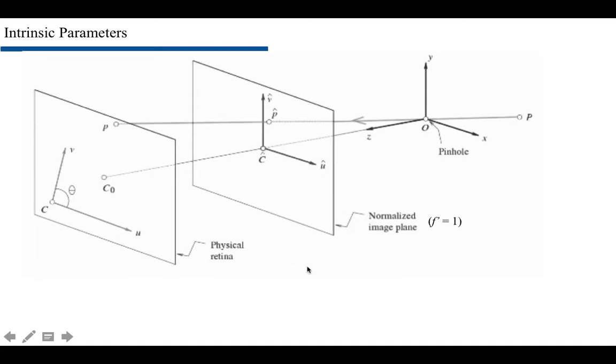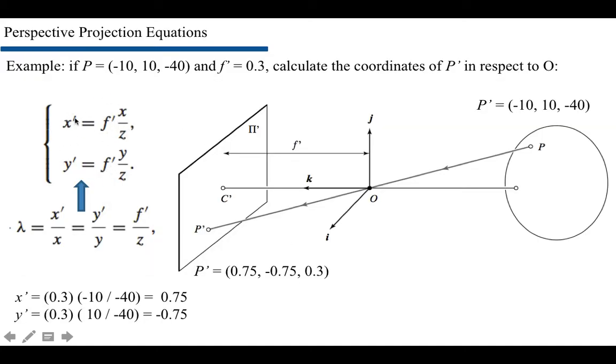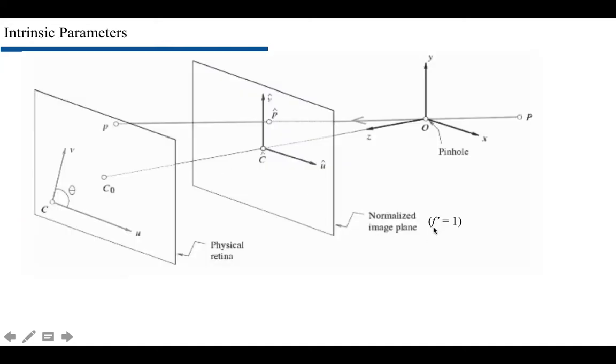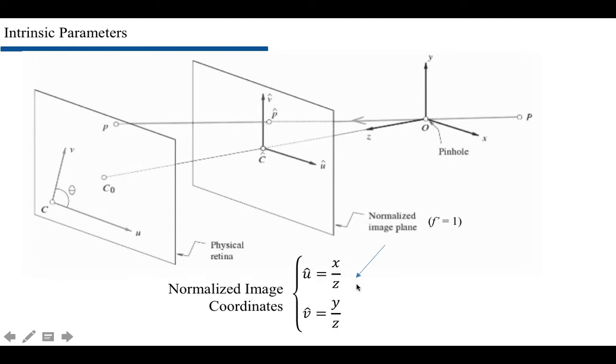If we recall these equations to get the point x prime and y prime, and if we assume that f prime, I mean the focal distance, is exactly equal to 1, then these are the equations. The equations are being simplified.